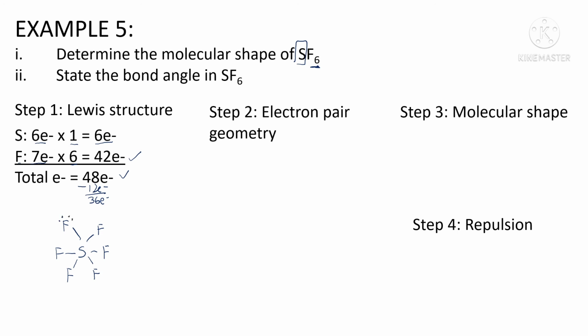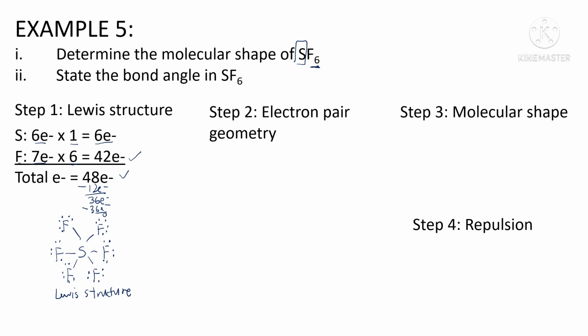So each of the fluorine needs 6 electrons to make the terminal atom fluorine octet. So by drawing 6 electrons on each of the fluorine atoms, I have drawn all the 36 electrons. So no more electrons left to put on the central atom sulfur. So this is the Lewis structure for SF6.